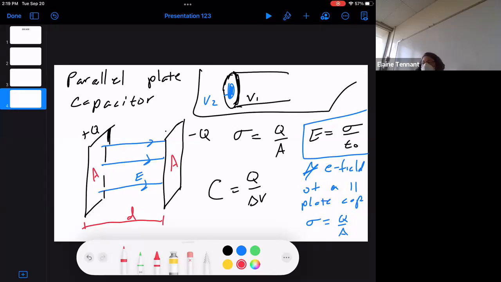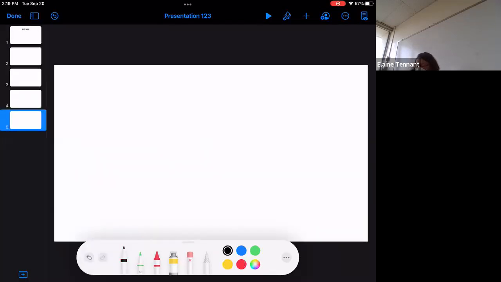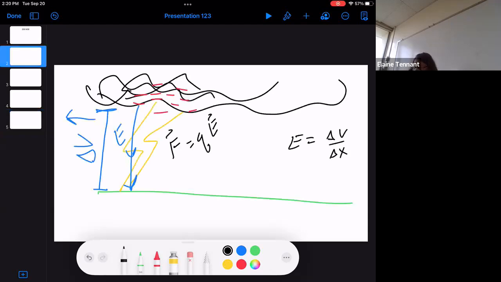Seem reasonable? Okay. Now, of course, we're going to start with the only equation for capacitance that we have, and go from there. Capacitance is charge over delta V. Well, we know that we can relate our delta V to the electric field, which is nice because we know what the electric field of a parallel plate capacitor is.